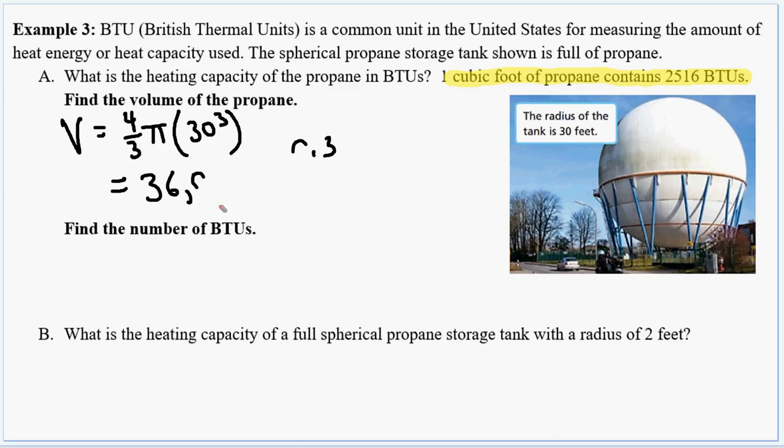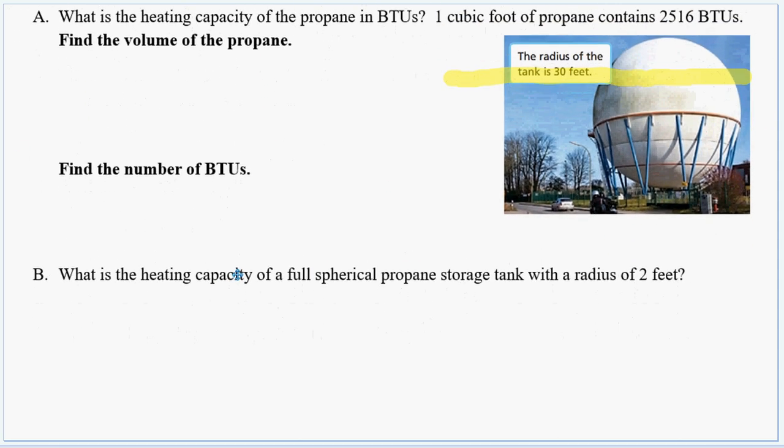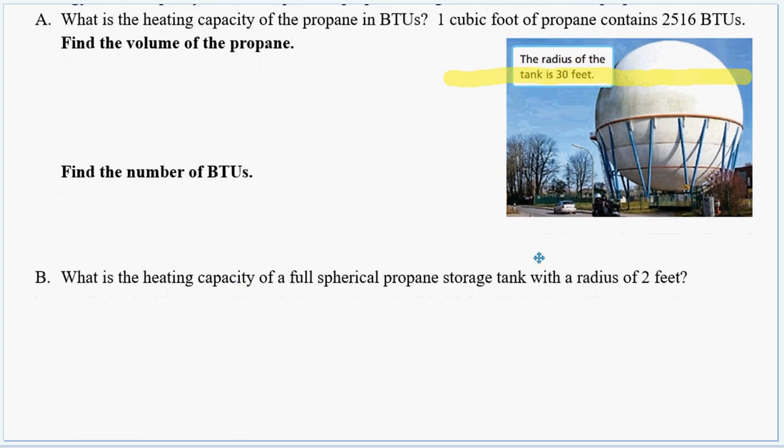Now in part B, we're going to work with a little smaller tank. In part B, now our tank just has a radius of 2 feet, so a little easier number to work with. I'm going to sneak up here to do the volume. Volume is 4/3 times pi times 2 cubed.